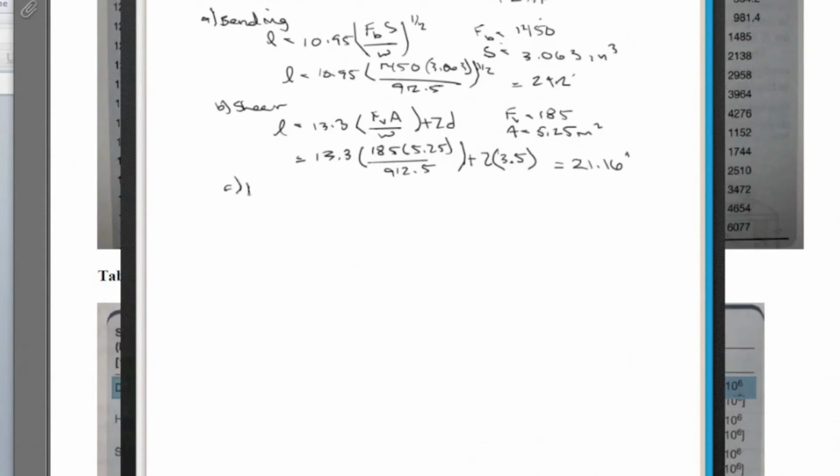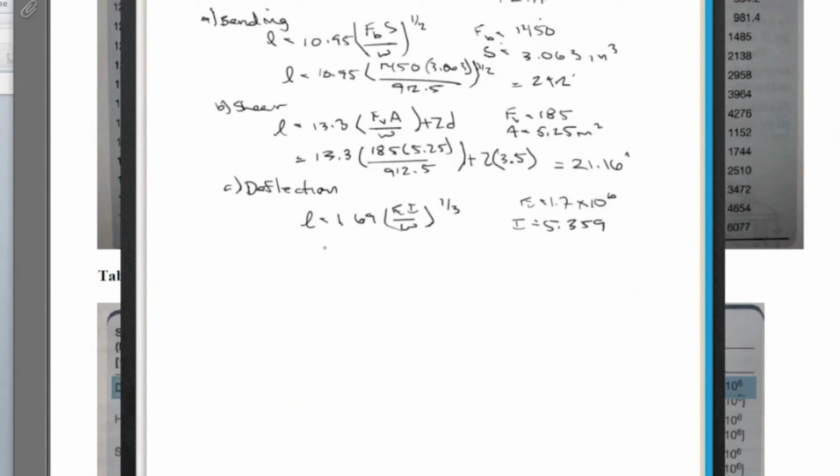Okay, and last, deflection. We're going to use the equation from that chart that showed L equals 1.69 times the cube root of EI over W. E is 1.7 times 10 to the 6. I is 5.359 for a 2x4.